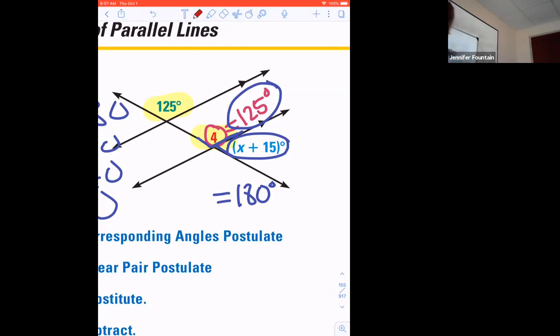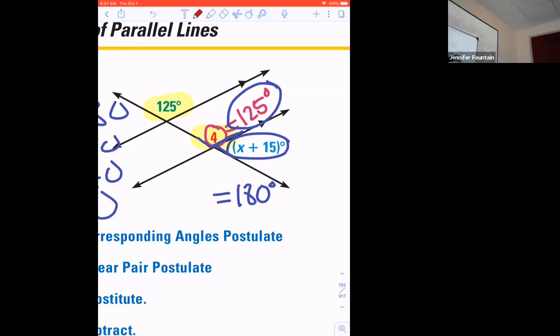So if I'm looking at this example here, if I'm looking at these two here, I know that they are going to be corresponding angles because they are on the same side of my transversal, but they're located on each of the parallel lines. So I know that I can solve for 4 based on this 125. If I know what 4 is, then I can figure out what this angle is here, the x plus 15 degrees.